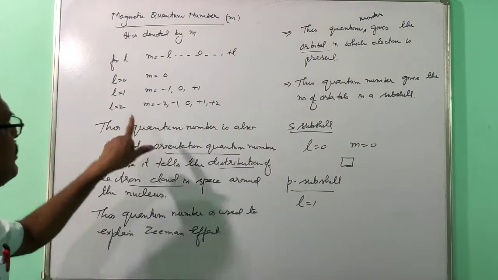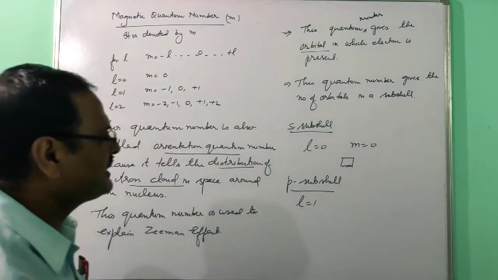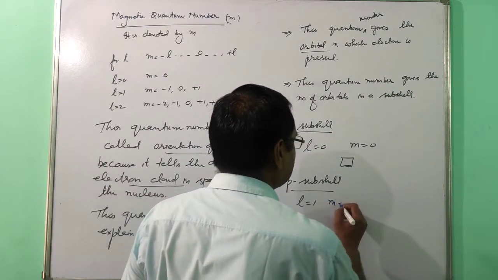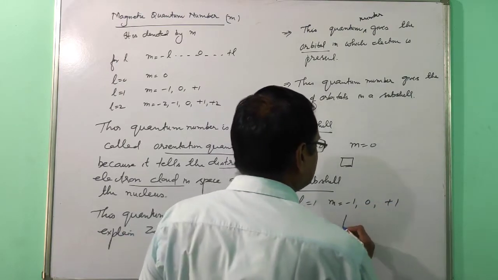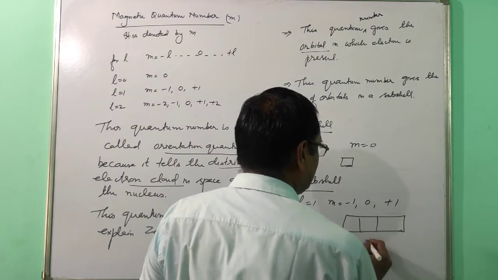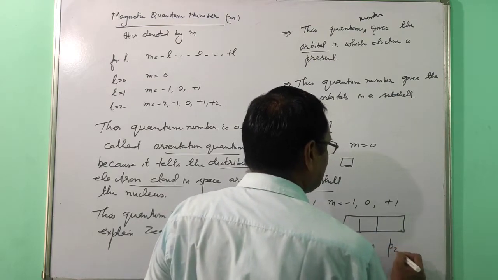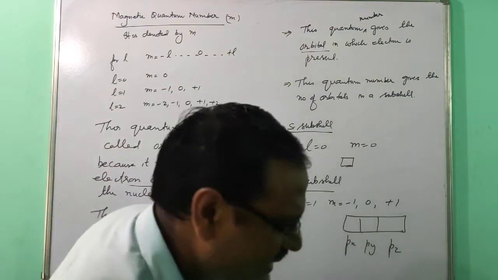For L equal to 1, the value of m is calculated from minus L to plus L. So m is equal to minus 1, 0, plus 1. It means that 3 orbitals are there, that is Px, Py, Pz.